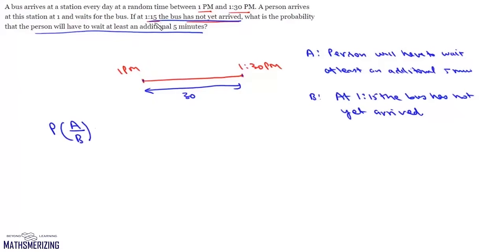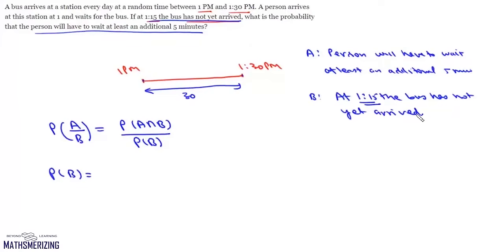Now we need to find this conditional probability that this person has to wait at least 5 minutes if it is given that the bus has not yet arrived at 1:15. So this conditional probability P(A|B) is actually P(A intersection B) upon probability of B. Now first we'll calculate probability of B. Probability of B is that at 1:15 the bus has not yet arrived.